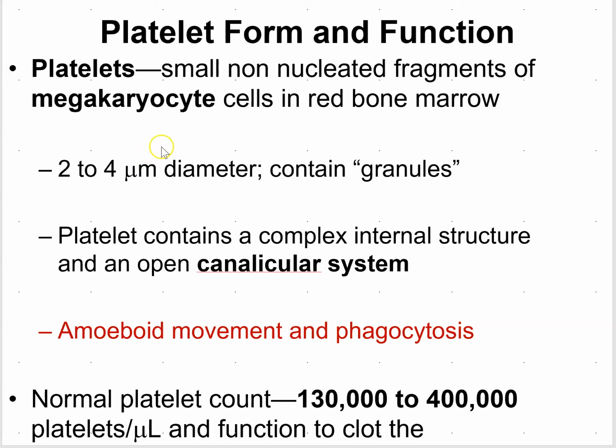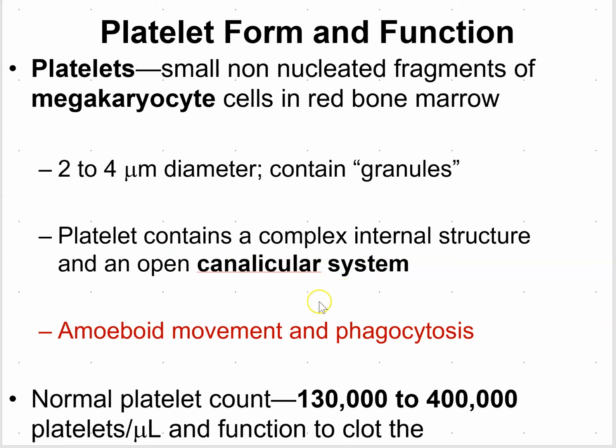Initially, the megakaryocytes are really large, about 50 to 100 micrometers in diameter, but then they break down into really tiny granules of about 2 to 4 micrometers, which you call platelets or thrombocytes, and they contain a complex internal structure which you call a canalicular system.